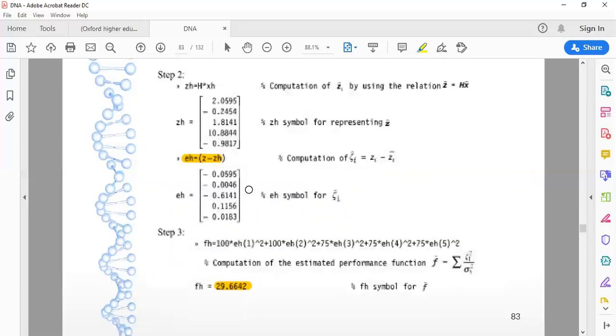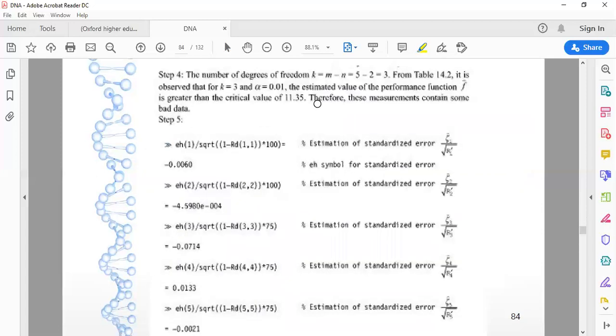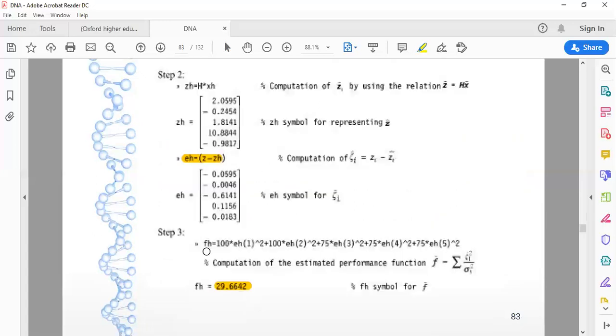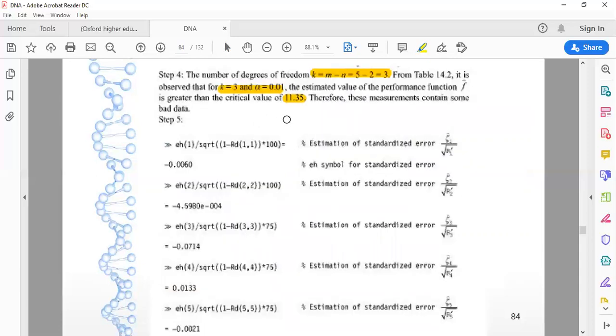So using that table, with k equal to 3 and alpha equal to 0.01, the value of chi-square should be 11.35. So we can say that the calculated value 29.6642 is greater than this. It seems that there is an inclusion of bad data.